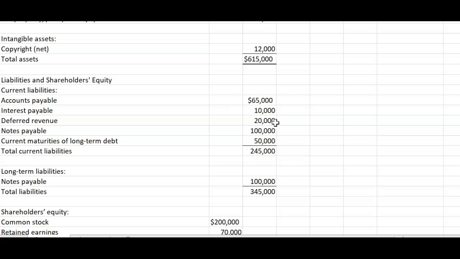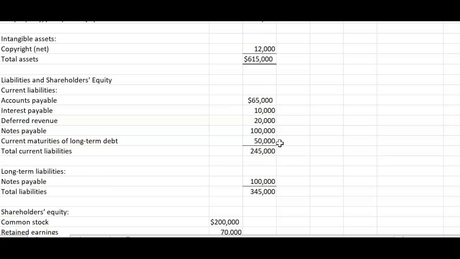Now, as far as the notes payable is concerned, they tell us it's $250,000, but in the additional information, they said the notes payable is $100,000 that is due within a year, and there was a $50,000 current maturity of a long-term debt due within a year.